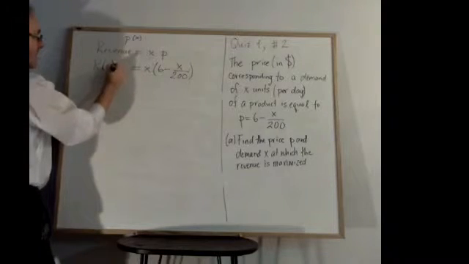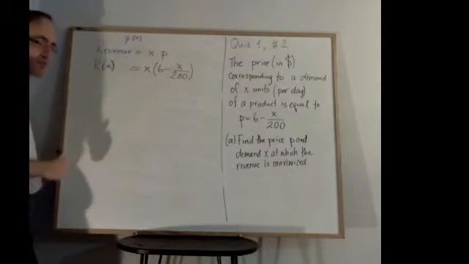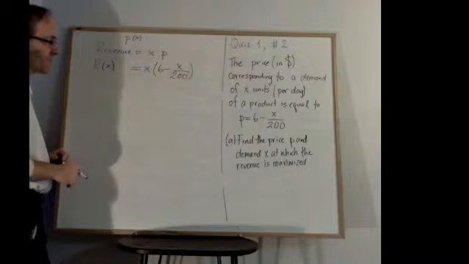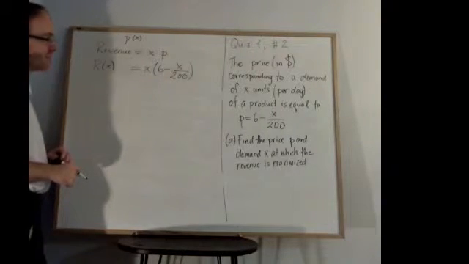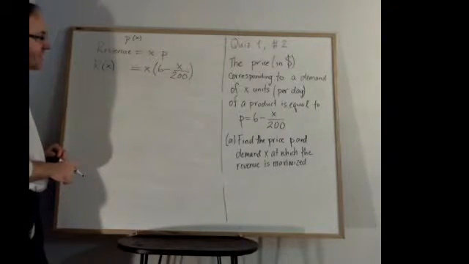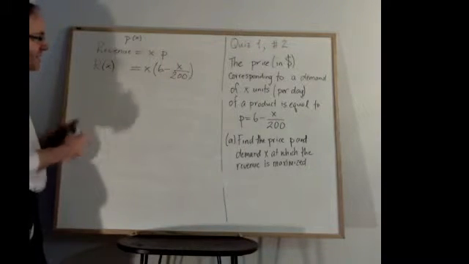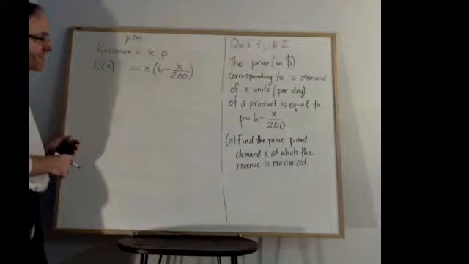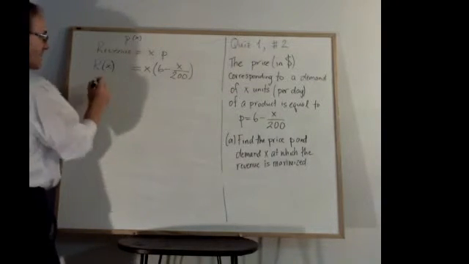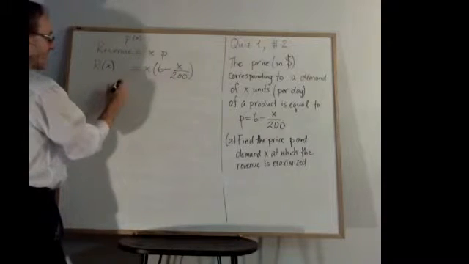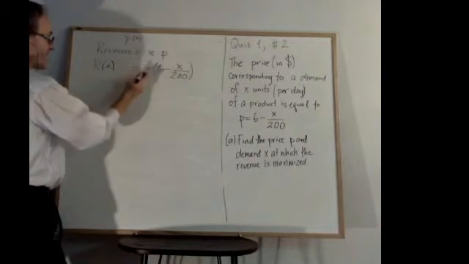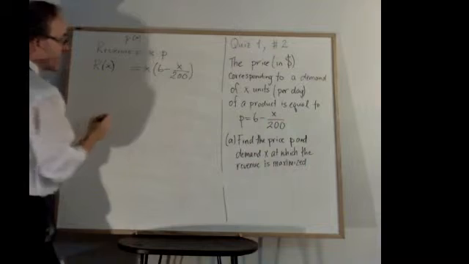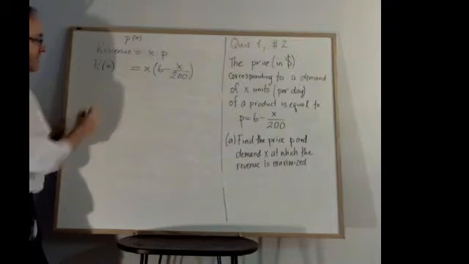So the revenue, you assume, should always be positive. So if this is a feasible business, you should not be paying people to purchase your items or your wares. You should be getting some revenue for what you're giving to them. Okay, so for the revenue, there should be a range, or a domain now of x for which the revenue is positive.